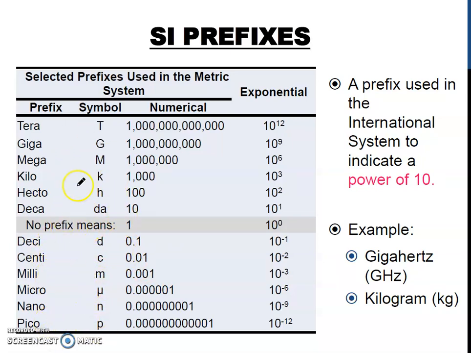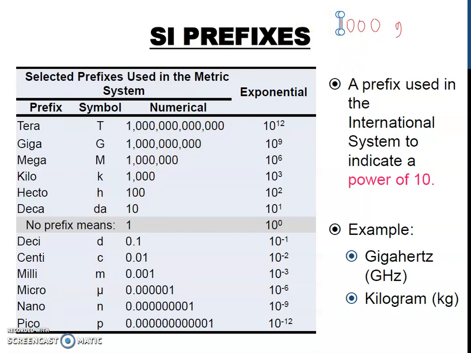Okay, this prefix is usually used, let's say you have 1000 gram. To make it easier, bila 1000, you cari dalam ni, which is kilo.